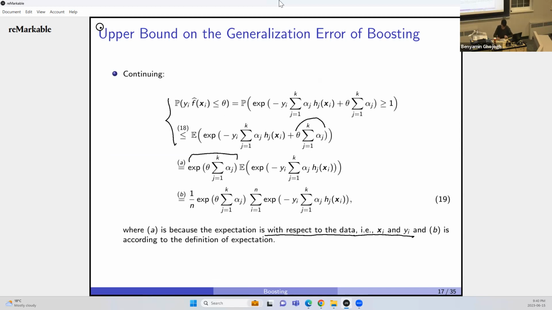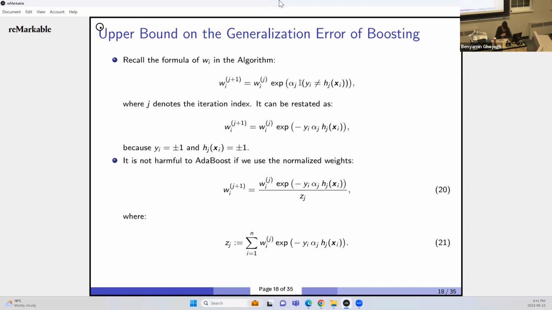I'm also using the formula e to the a plus b equals e to the a times e to the b. Then I replace this expectation with its definition. The definition of expectation is this times 1 over n. Do you remember? Recall the preliminaries. This is the definition of expectation.